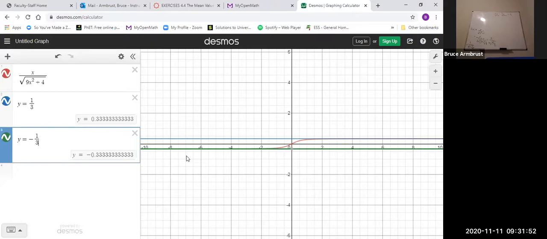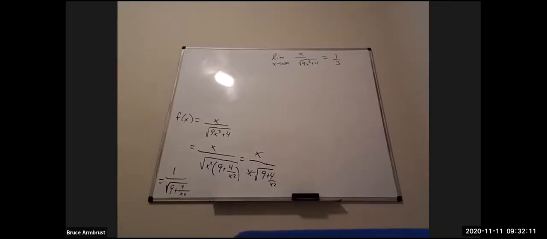Okay, so we were actually correct. If you look at what our limit was, we got positive 1/3, but if we had tried finding the limit as we go to minus infinity, we would have been wrong. Let me go back to the whiteboard and let's talk about that.